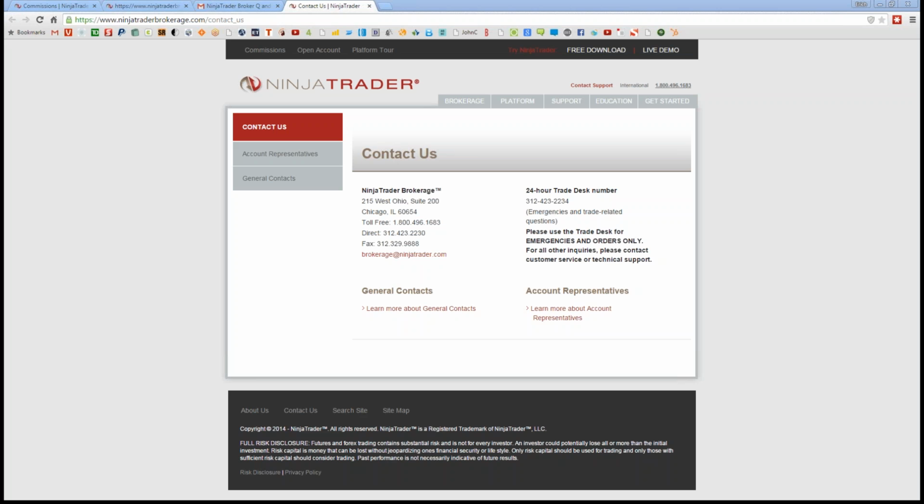Chris is asking, are there inactivity costs if you're just using a SIM account? We do have an inactivity fee. It's $25 per month, and the way it works is we actually get charged for every single customer that logs in to live data. We get a monthly fee for each user.